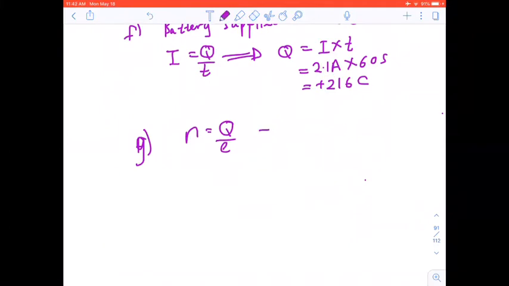It's equal to plus 216 coulombs all upon 1.6 times 10 to the minus 19 coulombs, but we are now looking at it as for the plus charge.